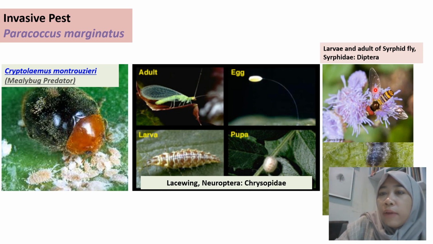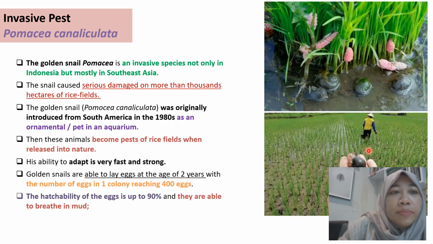And this is the larva and adult of the syrphid fly. The adult syrphid fly is free living, while the larvae are predators. They search for prey.